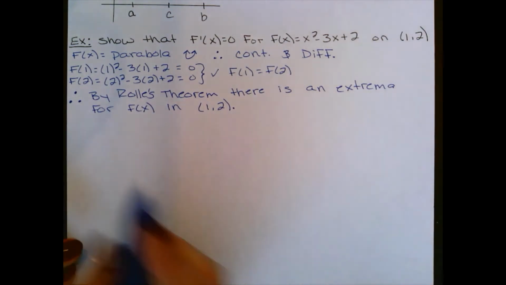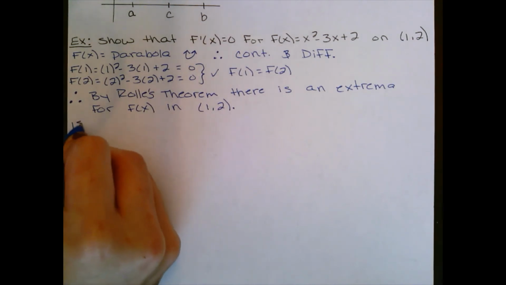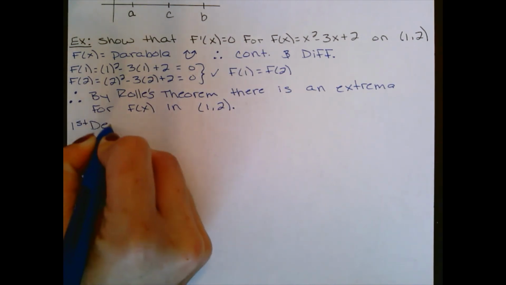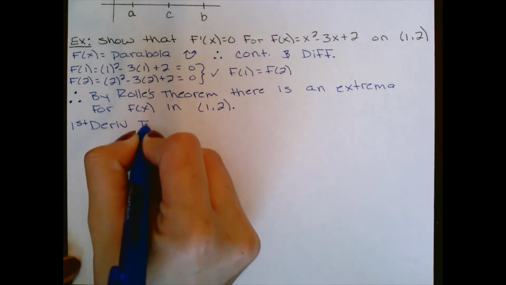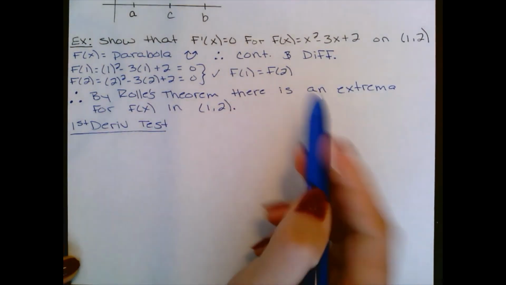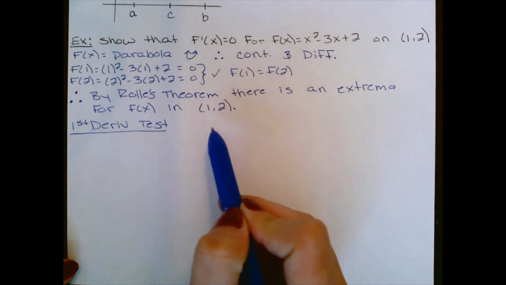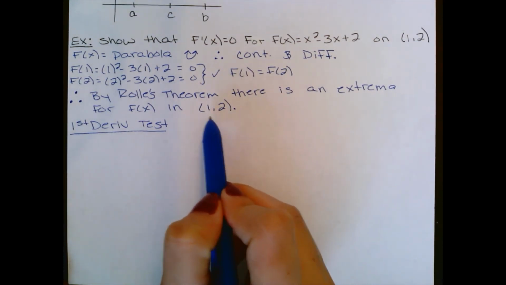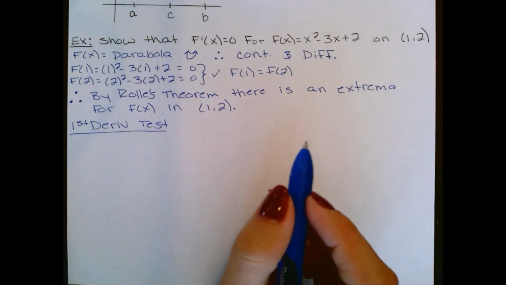So just for the sake of practice, let's go on to the first derivative test. And let's find what that extrema is. And we'll be able to prove further that there is going to be an extrema in between 1 and 2. That means the number I'm going to get for my max or min is going to be somewhere in between 1 and 2.